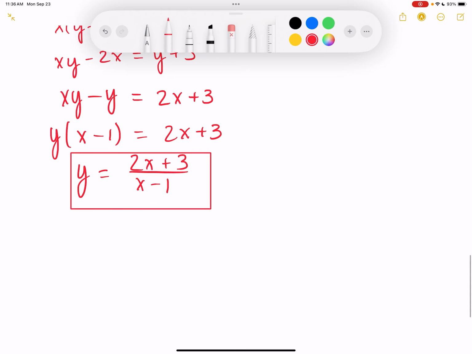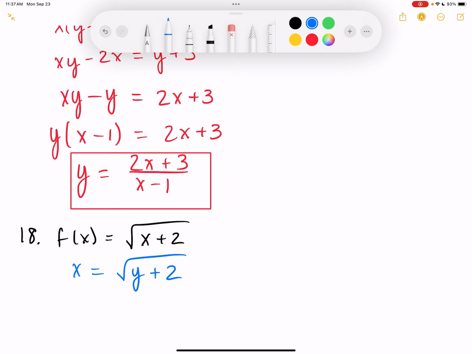Let's see, 18. f of x equals the square root of x plus 2. So Emma, just so you know, we're finding inverses right now of a function. So swap x and y. So I have x equals the square root of y plus 2.